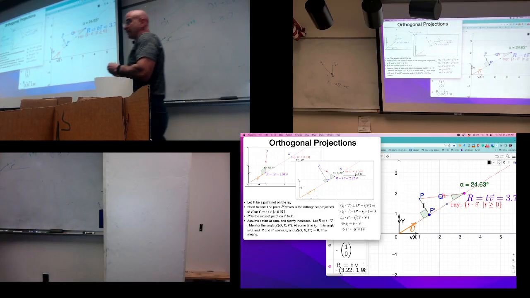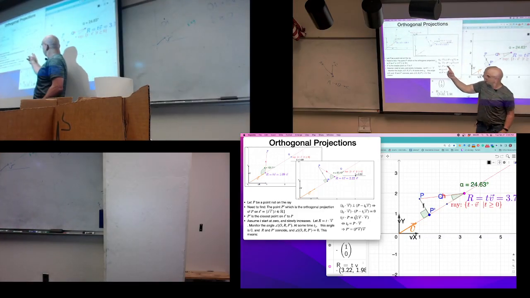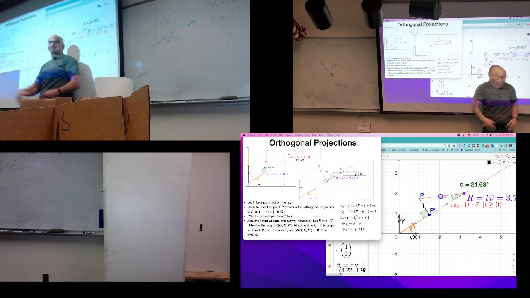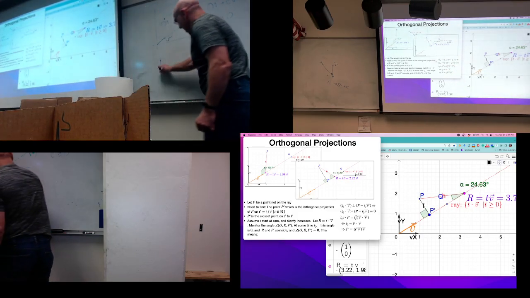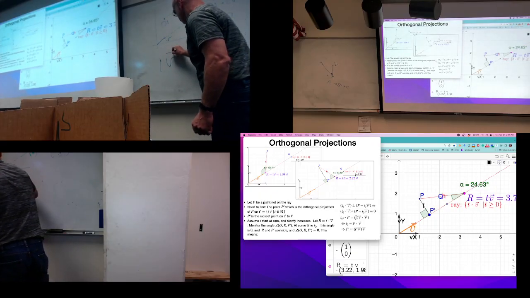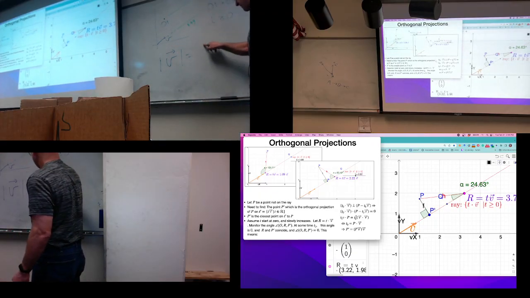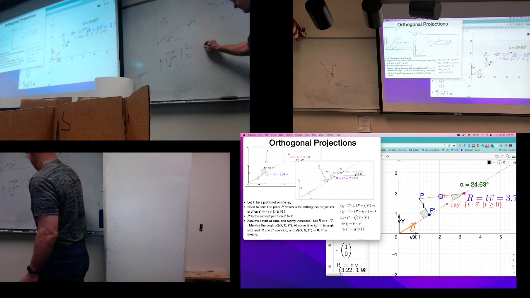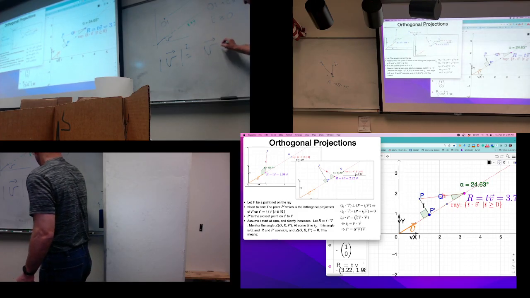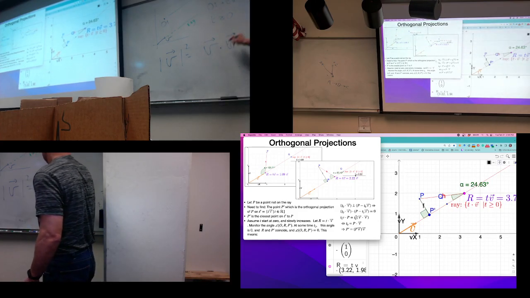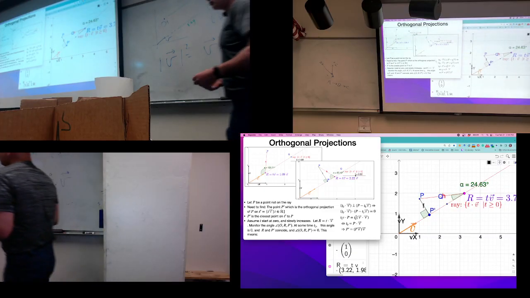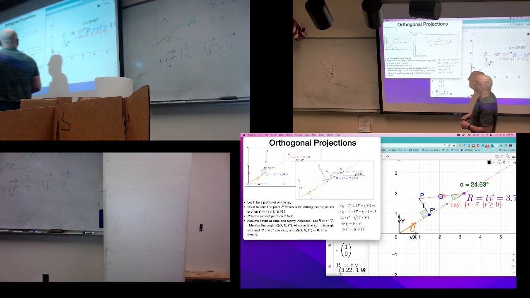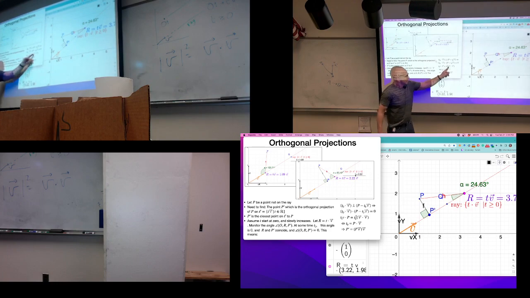V times v is 1 because I made sure that v is unit length. The length of v squared is nothing but v dot product v again. Right? Just Pythagoras. So this is 1.